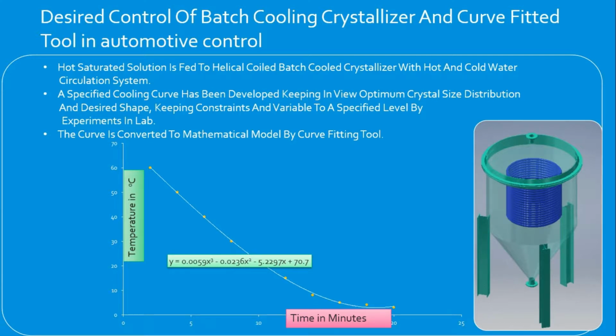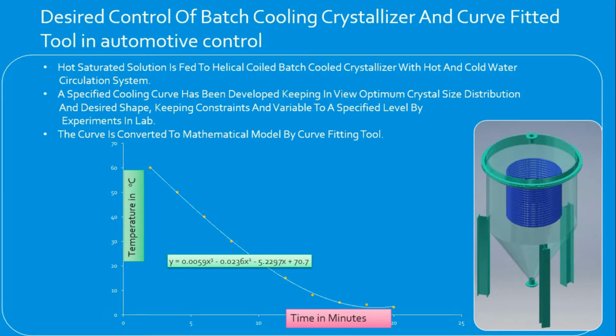Let us take an example of a batch cooling crystallizer and the curve-fitting tool in automatic control of crystallizers. Here is a batch cooling crystallizer provided with a helical cooling coil and necessary inlet and outlet.